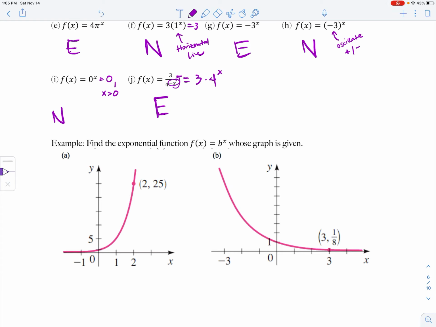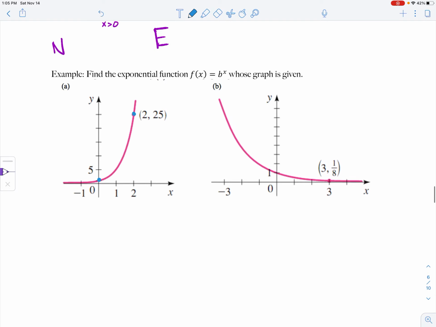And our final examples. Find the exponential function f of x equals b to the x, whose graph is given. Okay, well, let's see. We can see the point 0, 1, and then the point 2, 25. Okay, so what base, when raised to the second power, would give us 25?